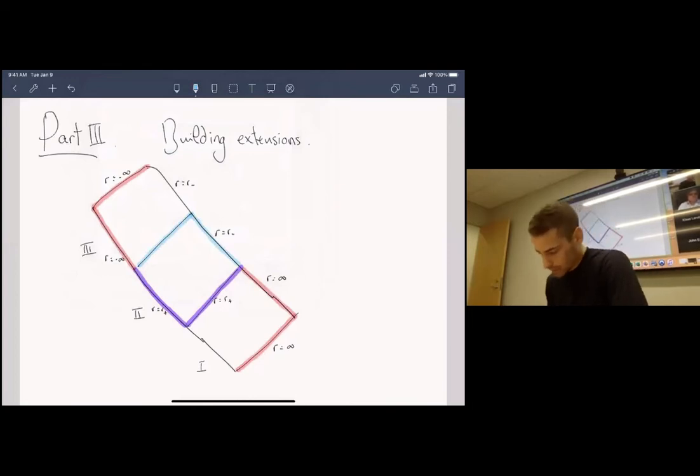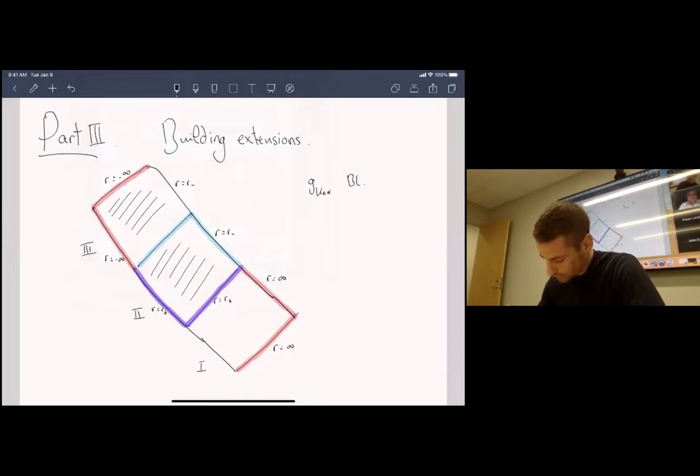Okay, and the question is, this is the metric so far that I showed you, right? So the Kerr metric in the Boyer-Lindquist coordinates actually only cover the interior of these regions, okay? They don't cover the junctures, right?